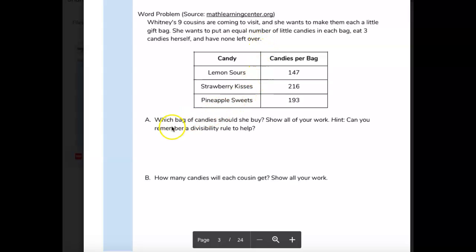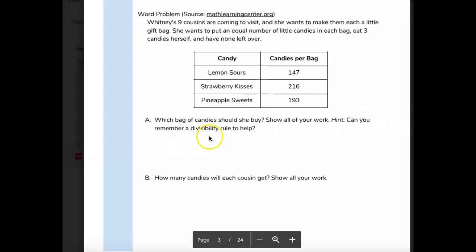All right, so the candy is the lemon sours. She has 147. Strawberry kisses, she has 216. Pineapple sweet, she has 193. It says, which bag of candy should she buy? Show all of your work.